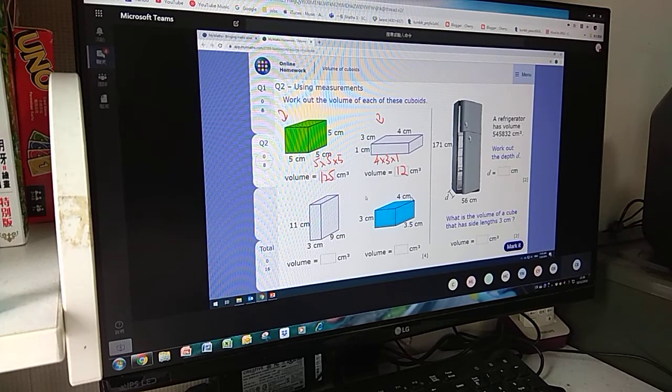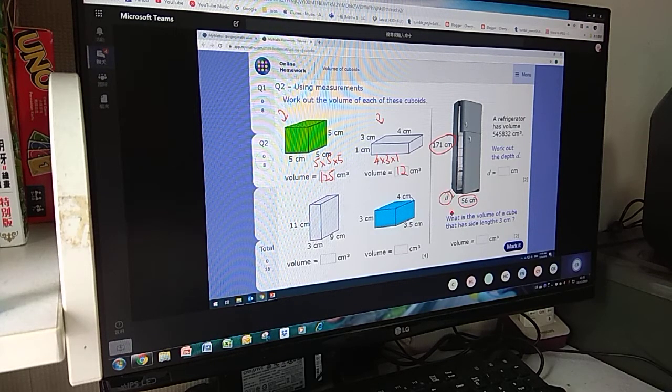Okay, if you have no more questions, then I will move on to the last one. Okay, this one. Okay, here. The height is 171 cm, and then the base width is 56 cm.